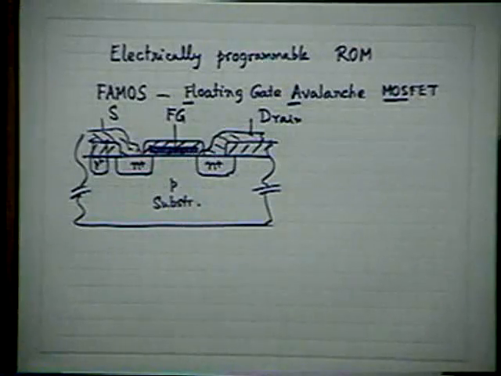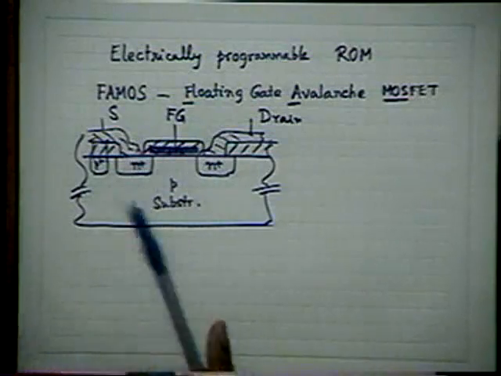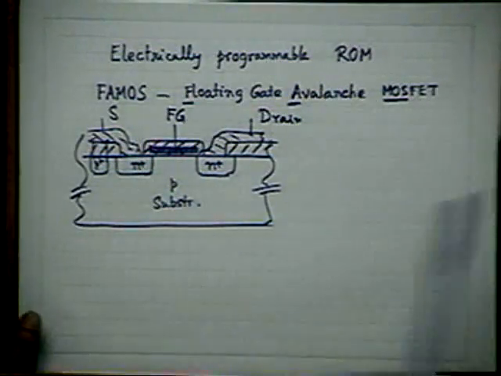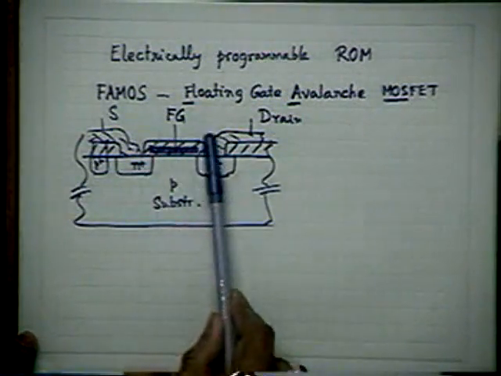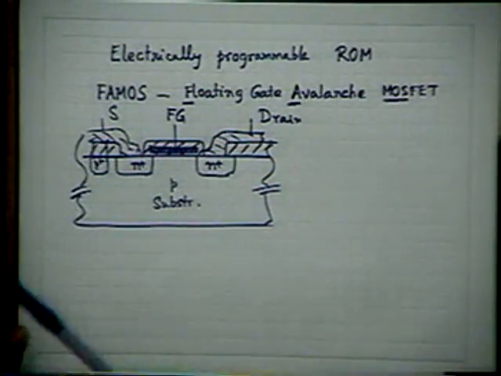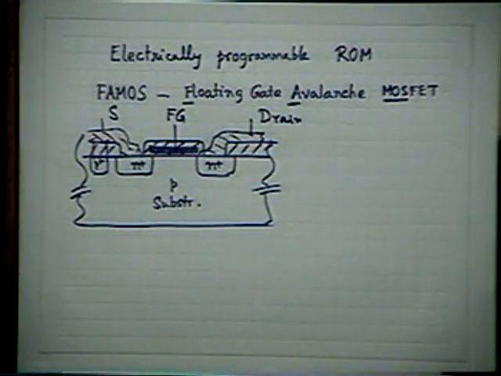Let me not go into the device details. The advantage of polysilicon is, if you oxidize it, it is immediately covered by a very high quality oxide. So after the formation of the gate, by the usual technique, you oxidize the polysilicon, so it is covered by a very high quality insulator.